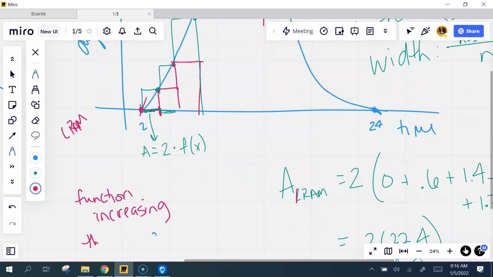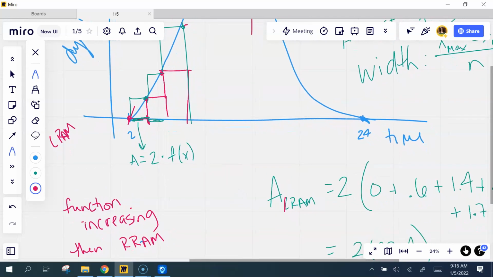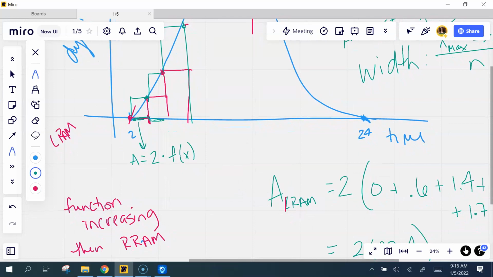Then right RAM gives me too much or too little? Right RAM would give you, if it's increasing, so this side, as the function increases, right RAM gives you too much.